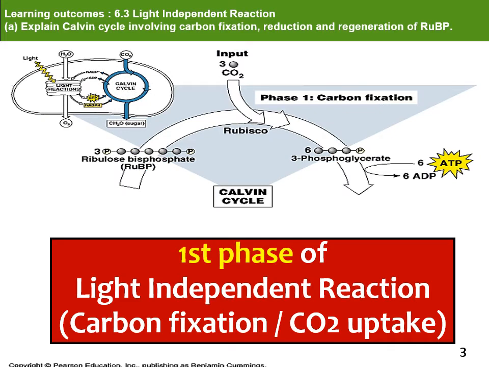Okay, so the Calvin cycle consists of 3 main phases. The first phase of the light independent reaction, or the Calvin cycle, is carbon fixation. In this phase, each carbon dioxide is attached to ribulose bisphosphate.